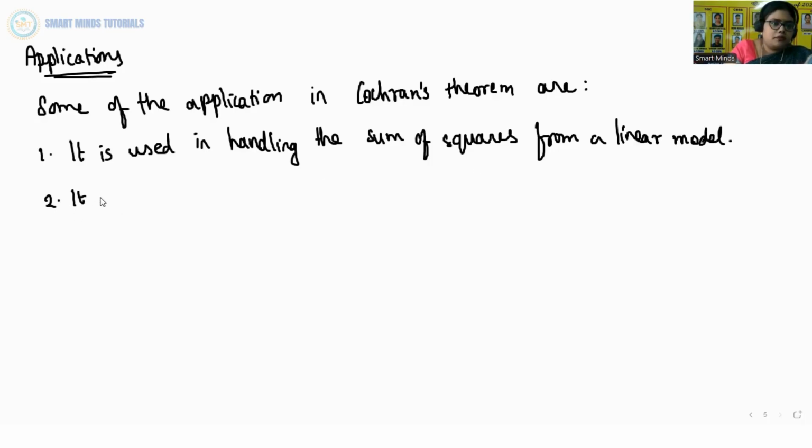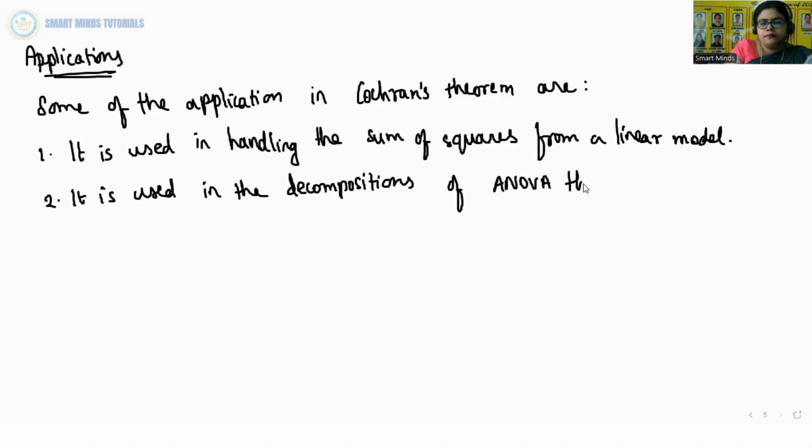Number 2, it is used in the decompositions of ANOVA that is used in balanced two-way layouts.